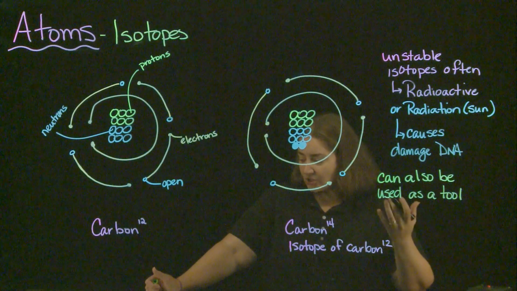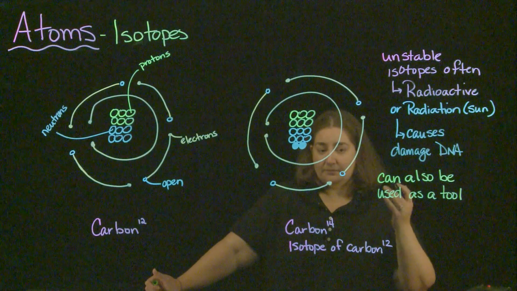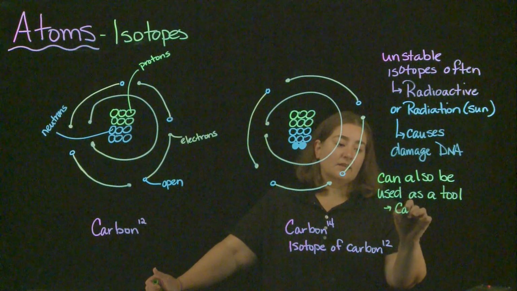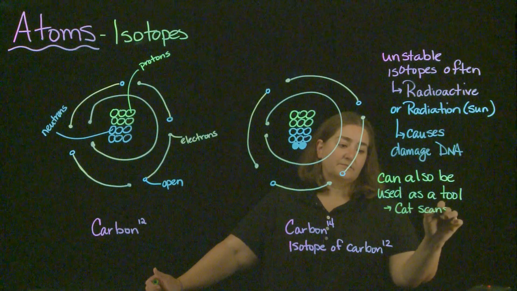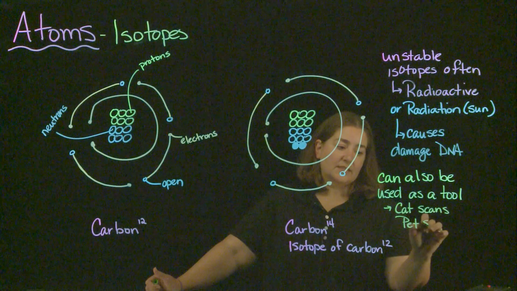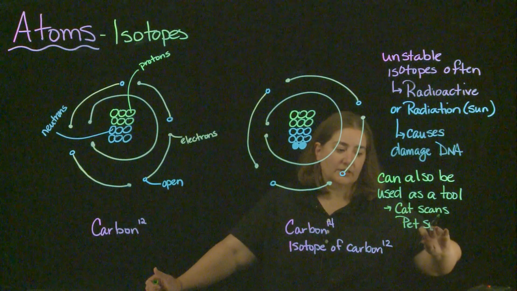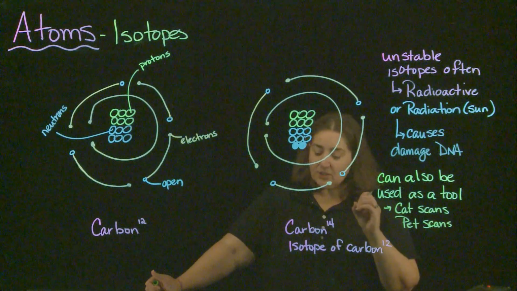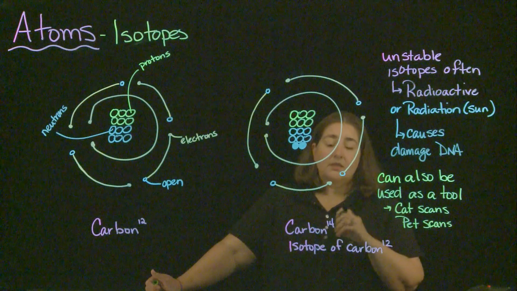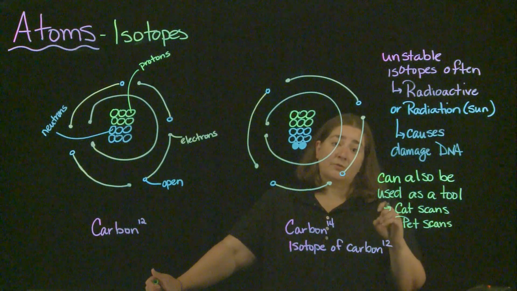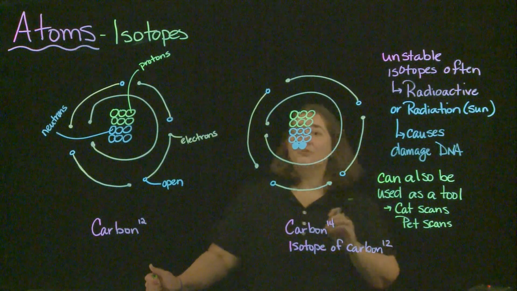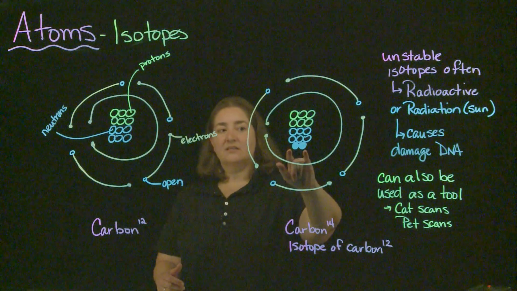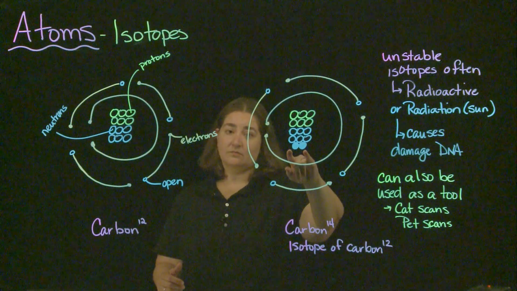You're going to use radiation as a tool in things like CAT scans or PET scans. Essentially what happens with those tests is the patient is injected with a radioactive isotope. You may also hear this referred to as a heavy element. It's heavy because it's got additional neutrons in there.